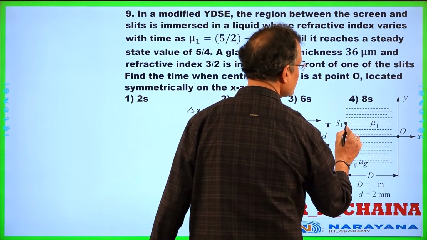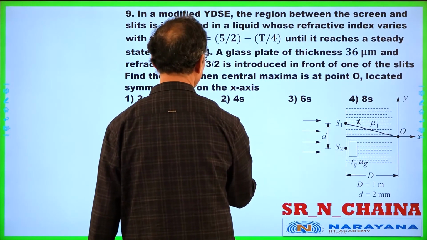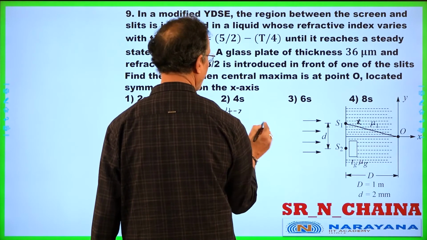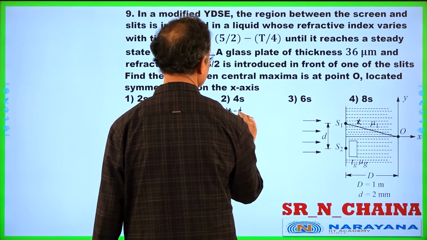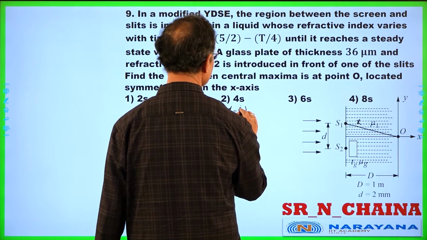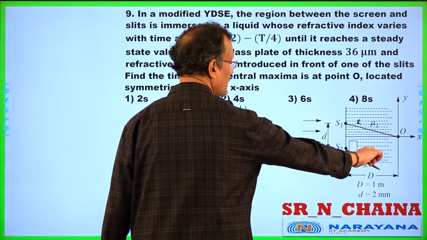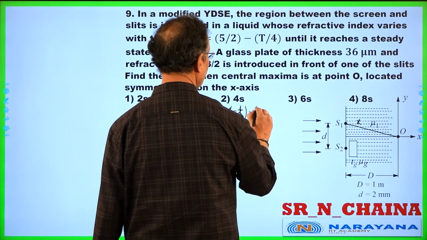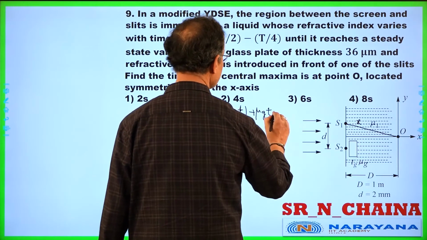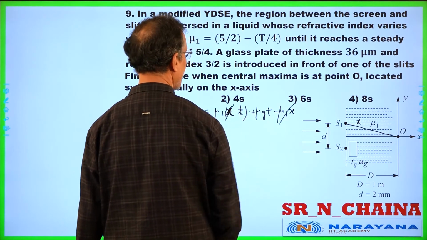If I treat this distance as x, this will be in medium mu1, so x minus t is the optical path traveled by light here, plus mu glass into t, minus mu1 x. The x cancels.